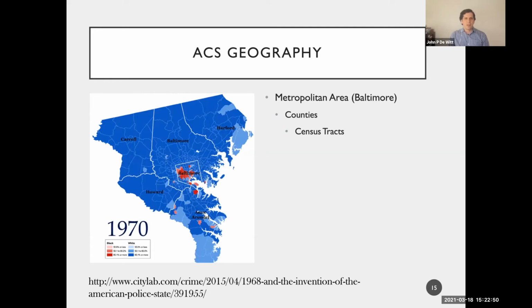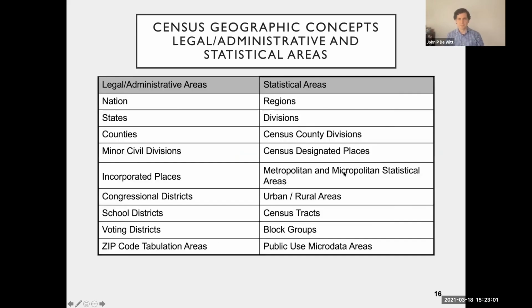The larger borders are county level, and then the entire image shows the Baltimore metro area. It's again a breakdown of some of the legal areas and statistical areas.